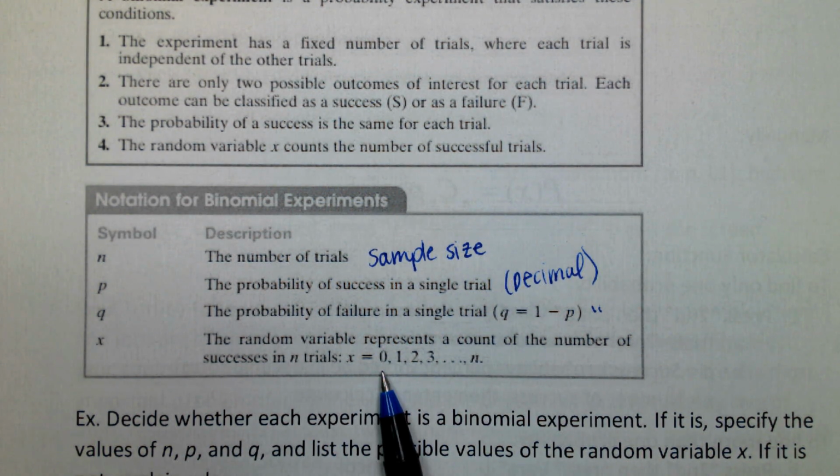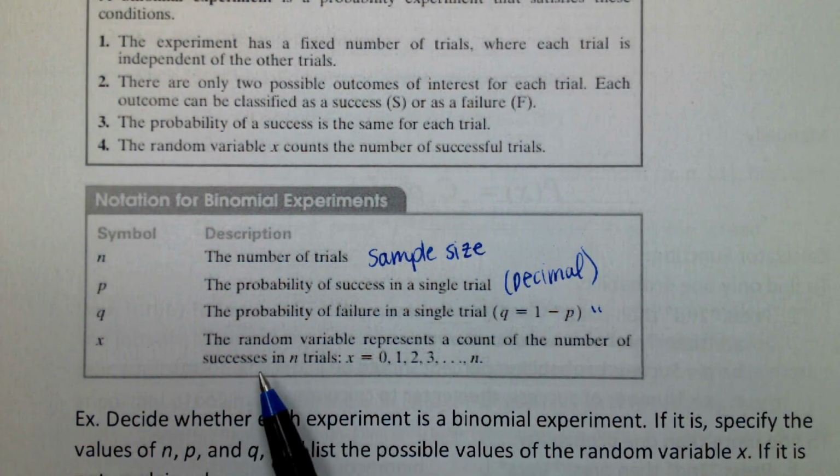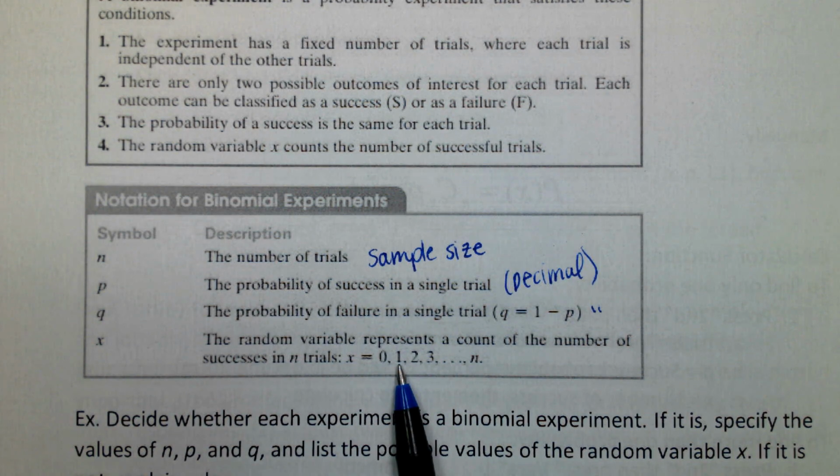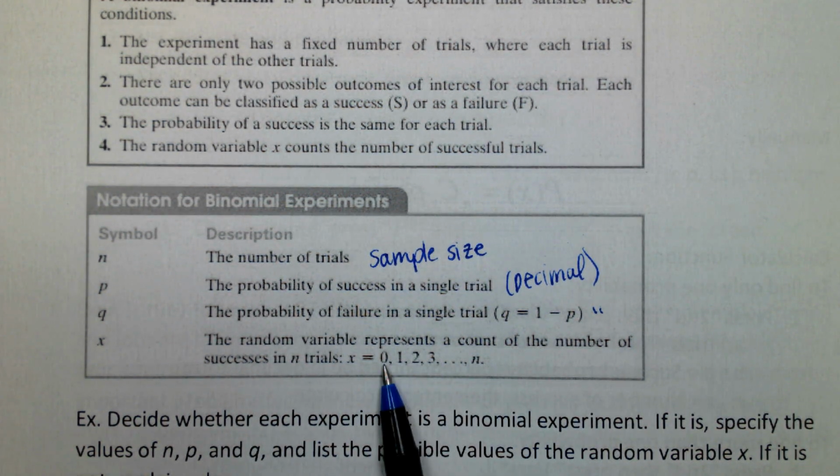If you get a pack of Starbursts, there's a possibility you have no pink. Very rare, but there is a possibility. So 0, 1, 2, 3 successes all the way up to your N.